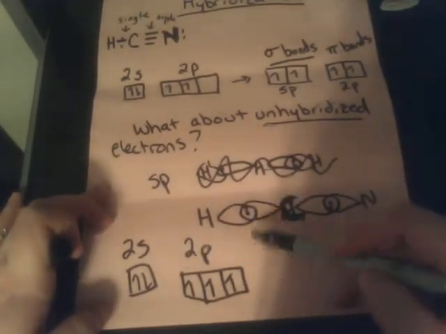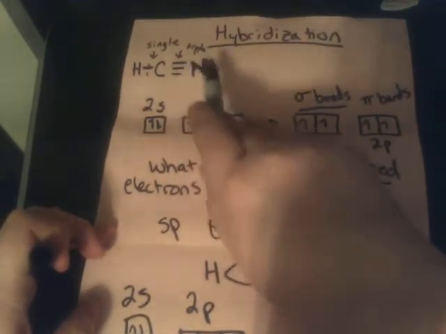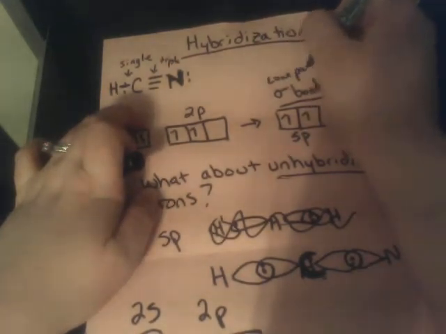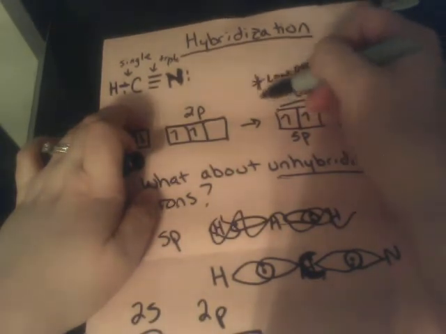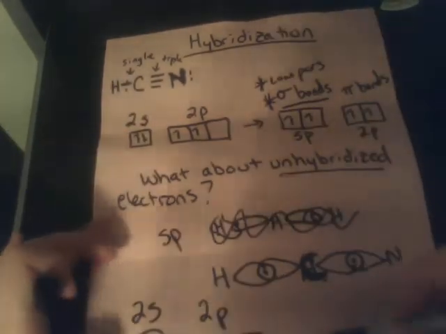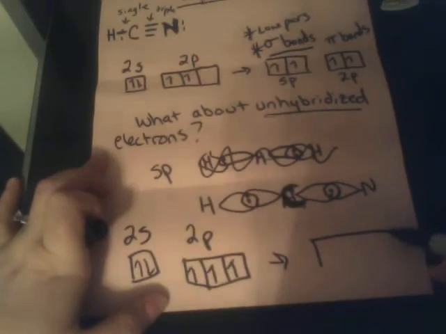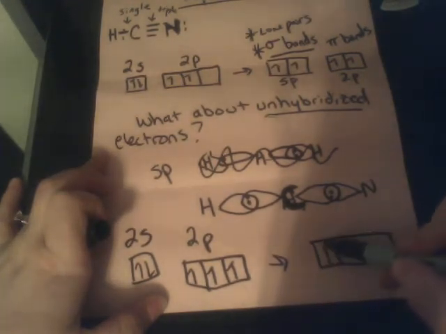So when nitrogen mixes, where does nitrogen need to have electron density? How many places? So it's either sigma bonds or lone pairs. So we have to add that in, right? It's either sigma bonds or lone pairs. So if we were to mix these up, we would find that we only need one bond and one lone pair.